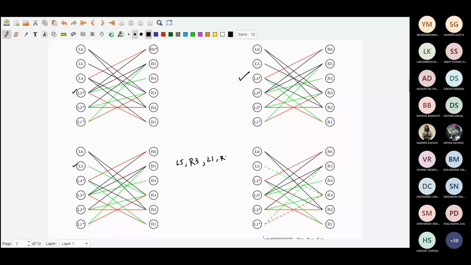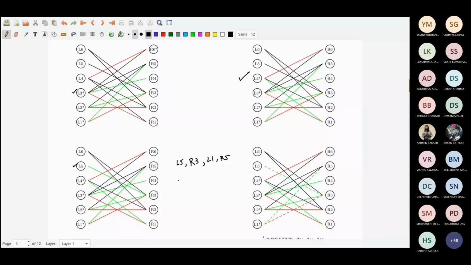Okay, is R5 a matched vertex or unmatched vertex? No. R5 is an unmatched vertex, because if R5 was a matched vertex, I would have asked where has its star gone. It has gone to there. That has gone because there was one more green edge. I would have extended this.